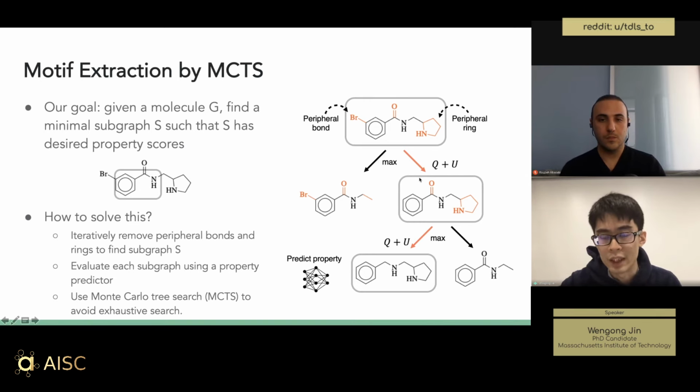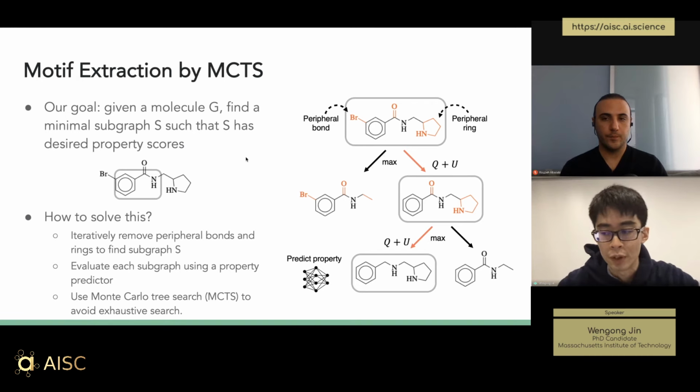I repeat this process until I reach some cores that I cannot break further. I use a property predictor to assess all these subgraphs, and I select the minimal subgraphs that have high predicted properties as my motifs. So now I can construct the vocabulary of motifs using this Monte Carlo tree search process, and I will use this motif vocabulary to generate molecules.